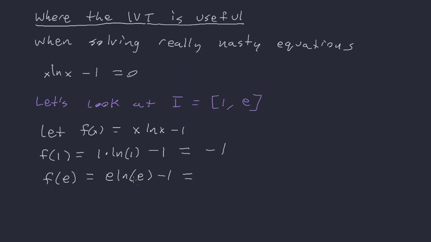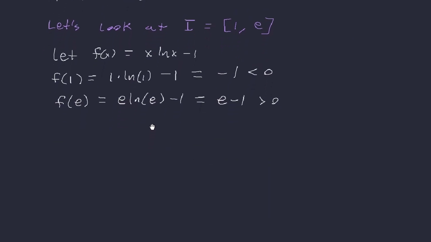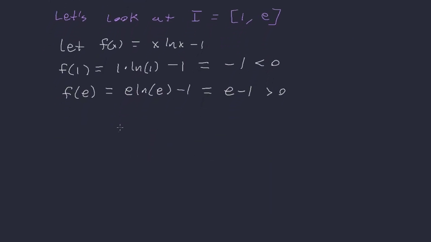So that's going to be 1, so this is just going to be e minus 1. All right, e minus 1, specifically, e is like 2.7 whatever, so this is positive, this is negative. Okay, so that means for this function, whatever it looks like, at 1 we got -1.